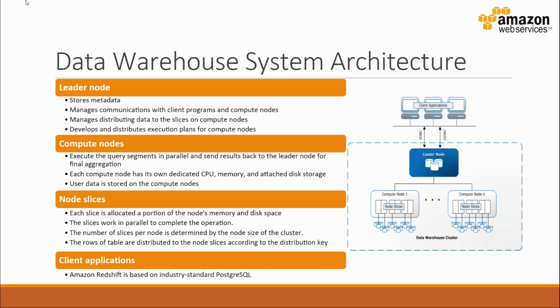Basically, distributed systems are all about having parallelism, because the data is drastically increasing. If you put all the data in a single node, it will take a lot of time. But if you have more nodes and each node has multiple processing units like slices here, then the data will be processed quickly.